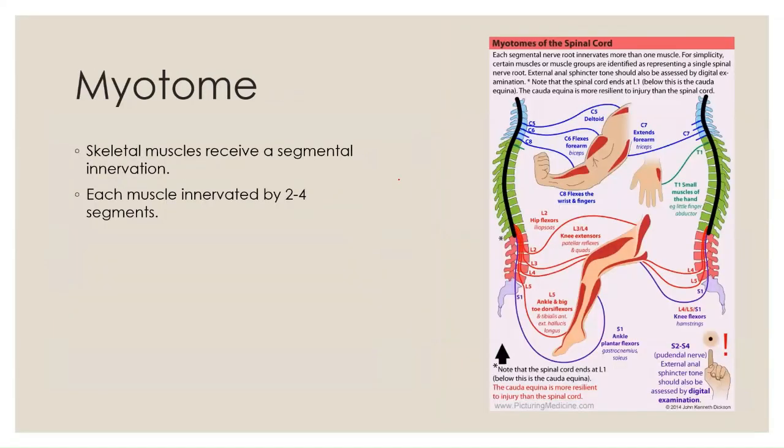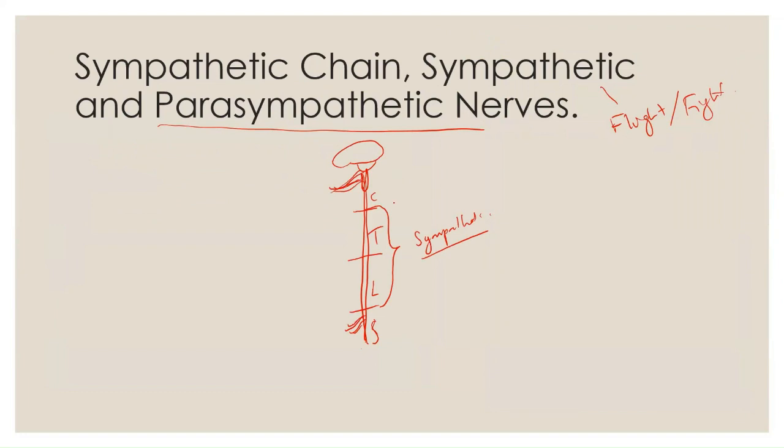So on either side, you have the sympathetic chain, and these extend beyond this thoracolumbar region to the sacral region and the cervical region.